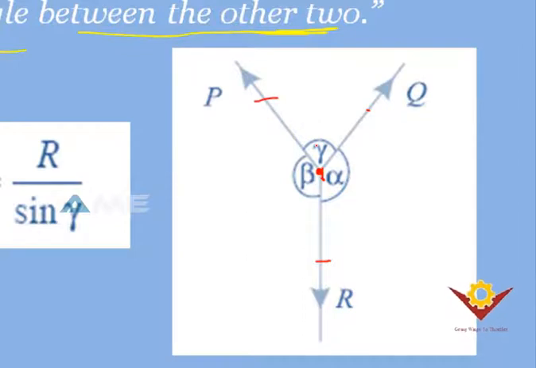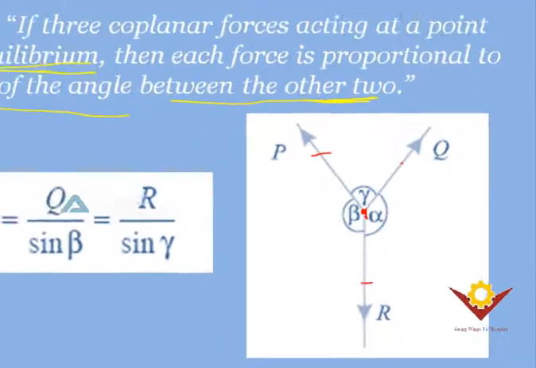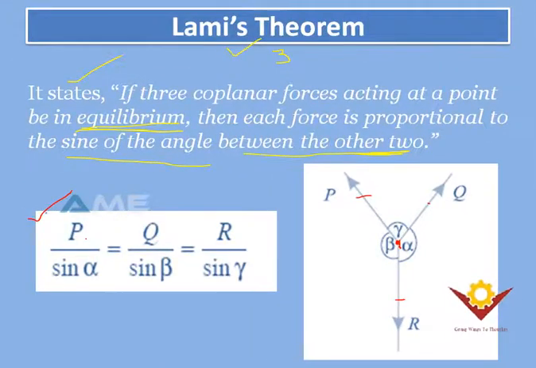If a body is acted upon by such a system of three equilibrium forces, then you can solve that problem by Lami's theorem, which is P divided by sine alpha. This is your force P, and alpha is the angle between the other two forces.